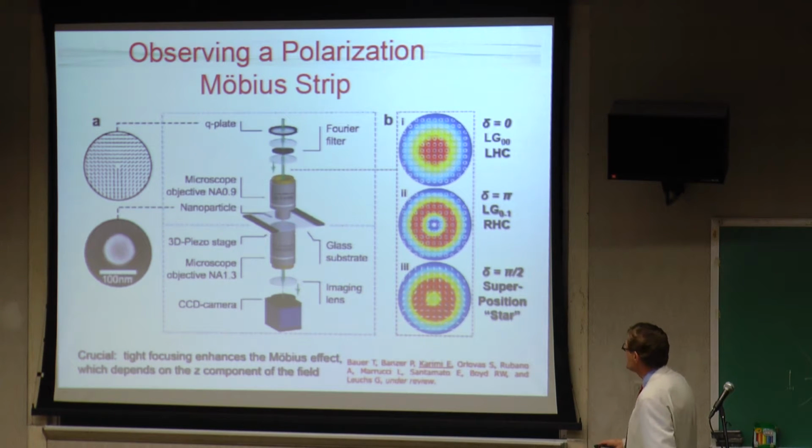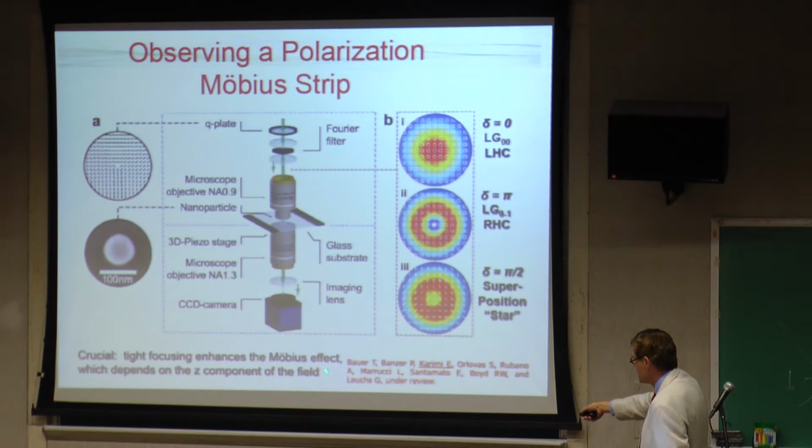So here's how the experiment actually works. Laser beam comes in. You put the Q plate here. You put a Fourier filter, a pinhole, just to restrict the scattering angle. Microscope objective, 0.9 numerical aperture.